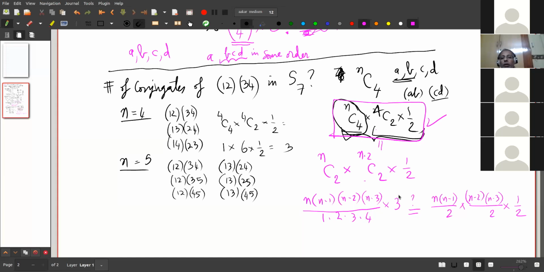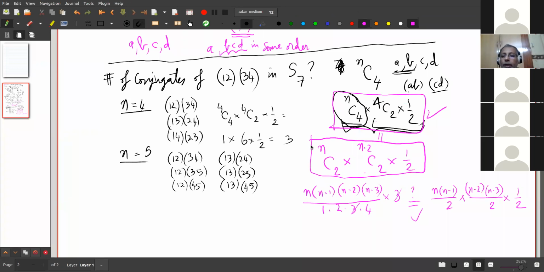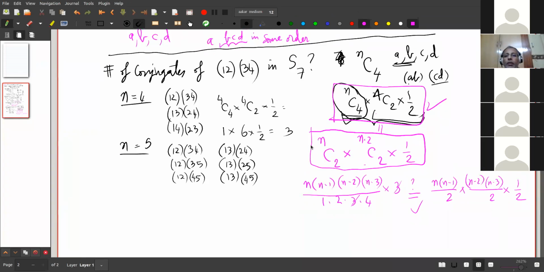Okay. So indeed, this is correct, because I'm getting 8 in the denominator here and 8 in the denominator here. So this is also okay. This is another way of thinking and getting the same answer. Rather than choosing all the 4 to begin with, you can choose 2 of them to start with and another 2 next. But then you have to put this n minus 2. Okay, very good.